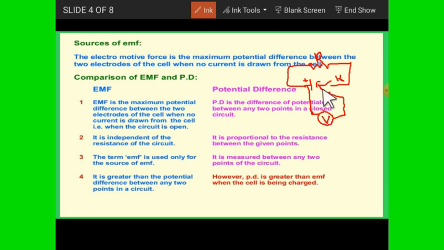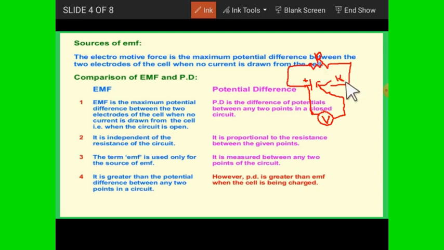So the potential difference between the two electrodes of the cell or battery, when no current is drawn from the cell itself, we call simply EMF.